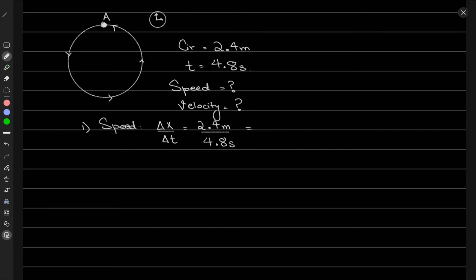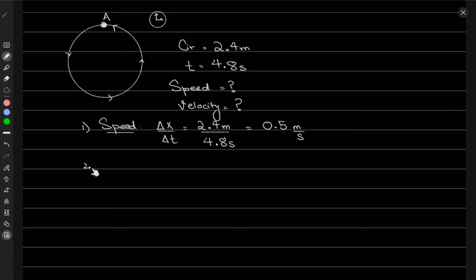Now, if I do the math right, this gives me 0.5 meters per second. Now, this is the average speed of this train that moves on this circular track.